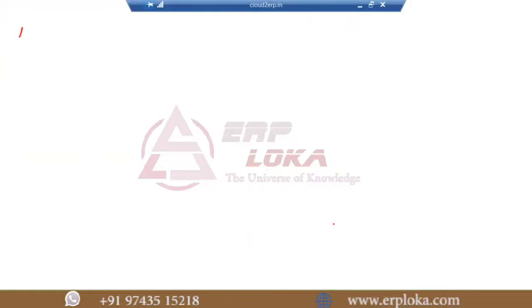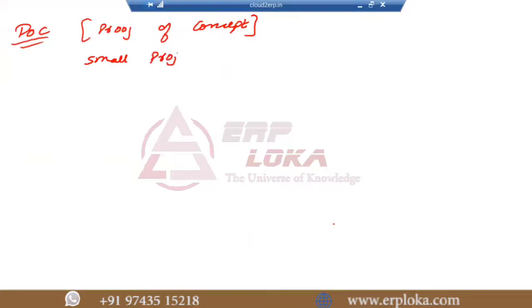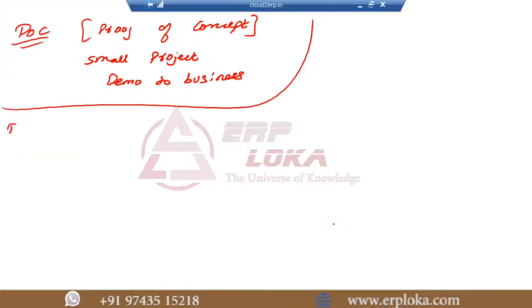Let me explain POC. POC is nothing but proof of concept. This is a small project just to give the demo to the business. Okay, then you have the pilot project. When I say pilot project, this is also a small project.